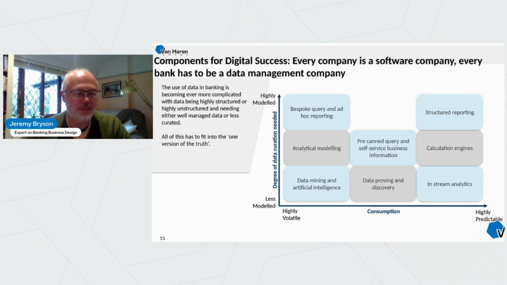It can be highly modeled. So, for example, the credit score that we might give a customer to decide if they're eligible for a home loan or a car loan is highly modeled. It goes through a series of models, a series of aggregations. And we can see here that these use cases, there are 8 use cases in this diagram, have to fit into an overall framework.